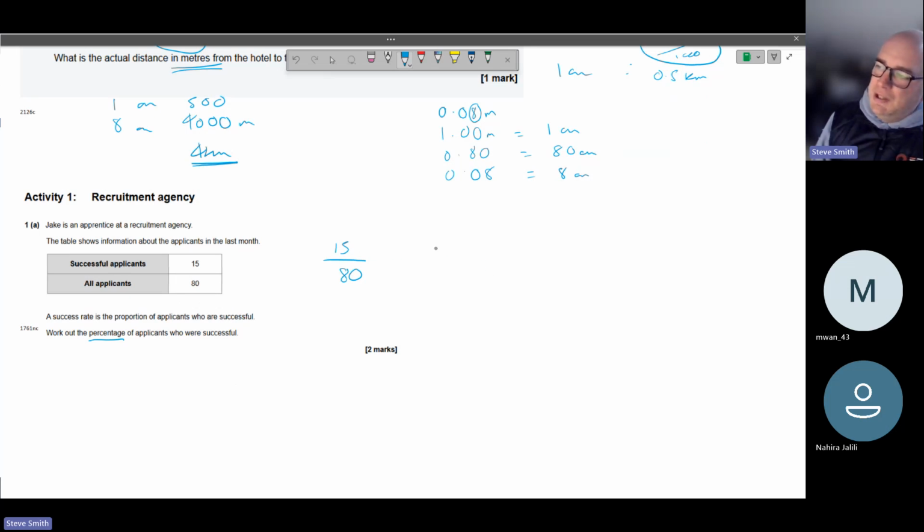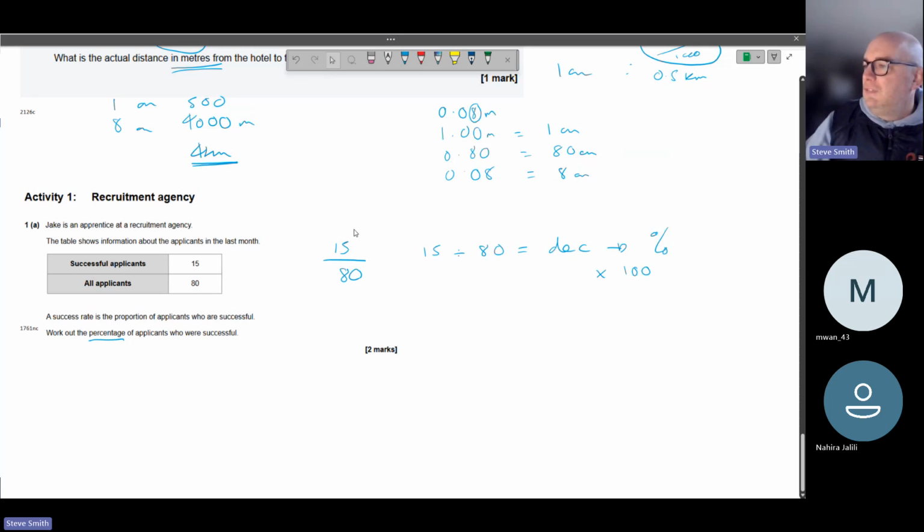So we know to get a decimal, it's top number divided by bottom number. That equals the decimal. And then to get a decimal to a percentage, that is simply times that number by 100, because we want the mark out of 100. Percent is out of 100.